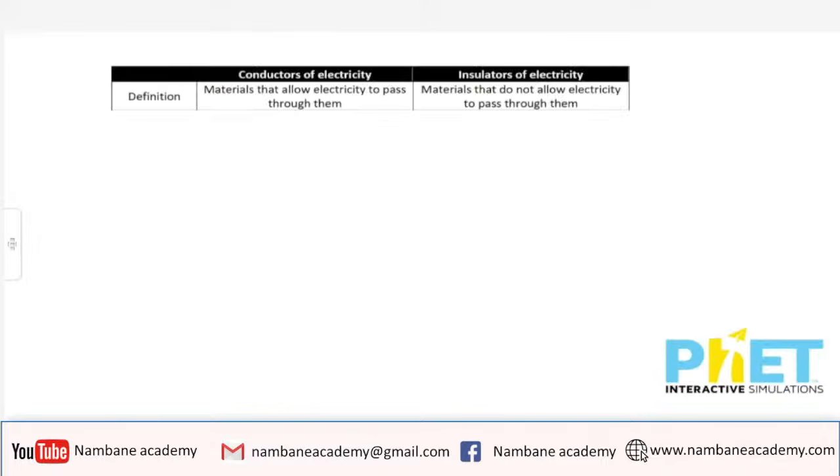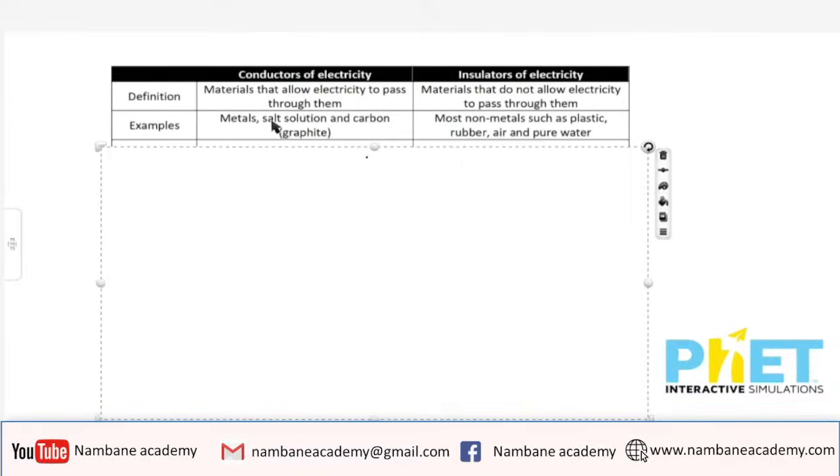Right. Then conductors of electricity. By definition, a conductor is any material that allows electricity to pass through it, and insulators are those that do not allow electricity to pass through. Examples of conductors: your metals, some salt solutions, which we call electrolytes in grade 12.